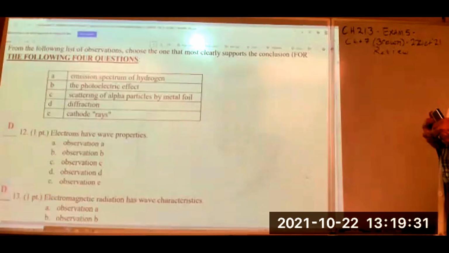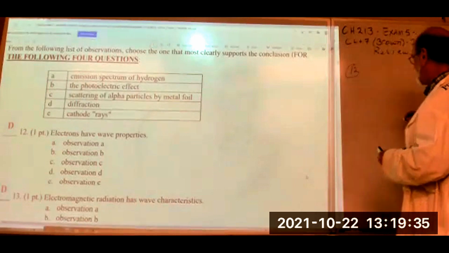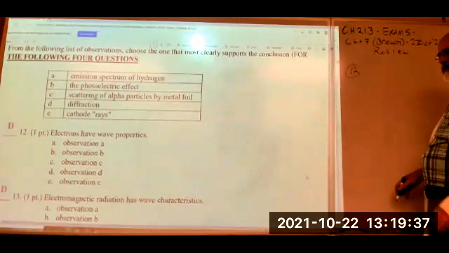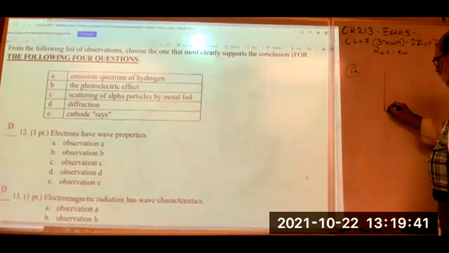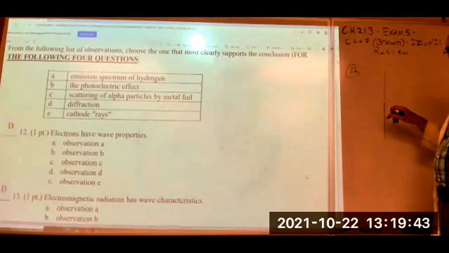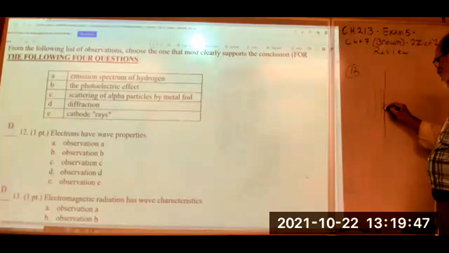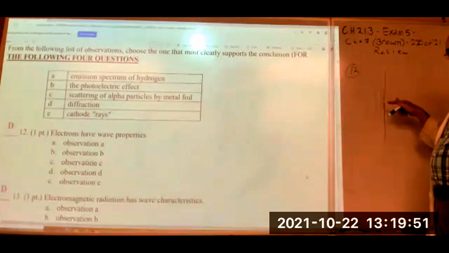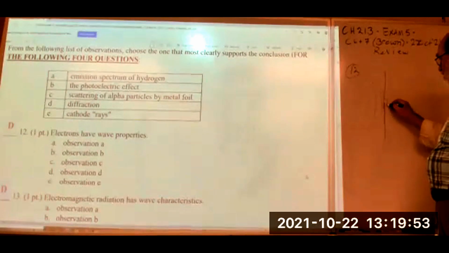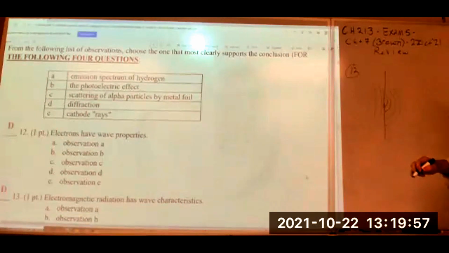Remember what diffraction is? There are several ways to demonstrate it. When a wave strikes a barrier and there's an opening in it, that opening serves as a point source for a new wave. That's diffraction.